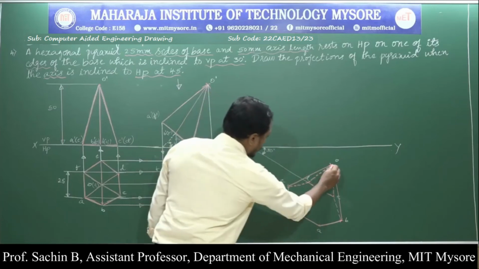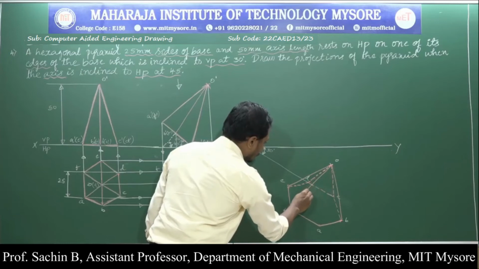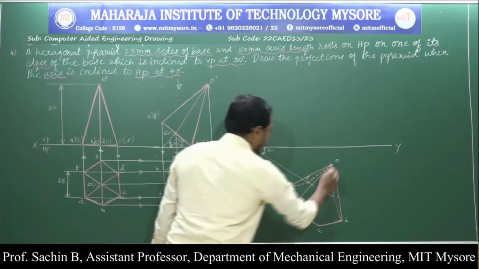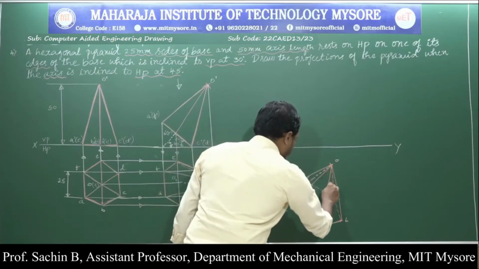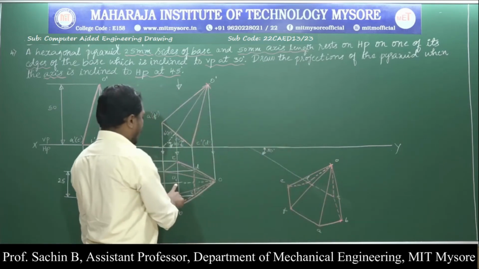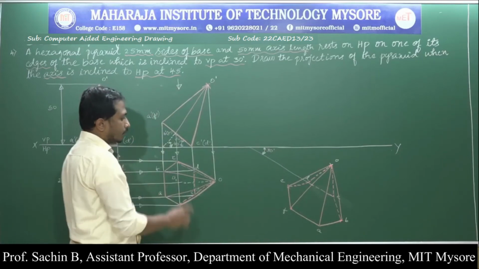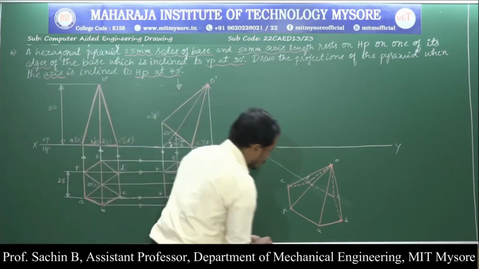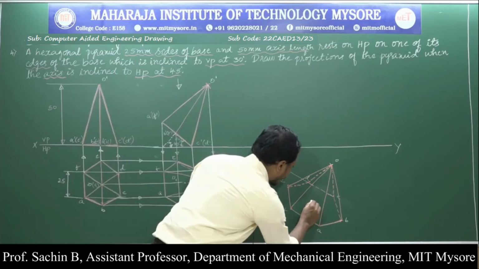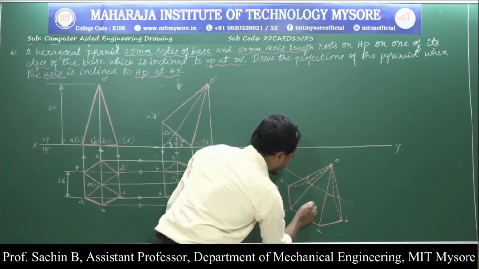Next I'll go for the visible edges, whatever I have already written. Next, to get the O1 axis, I'll measure from F to O1 or from A to O1. From F to O1, I am intersecting the arc. Next, from O to O1, one more arc, I am going to intersect.